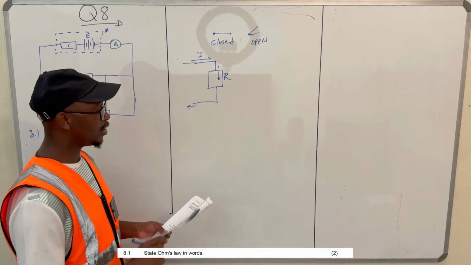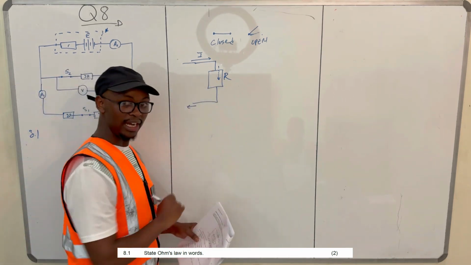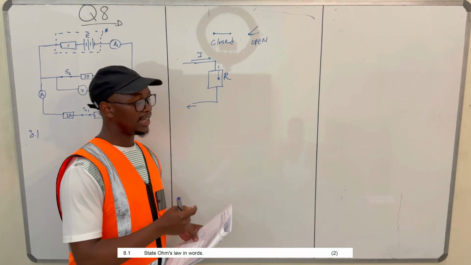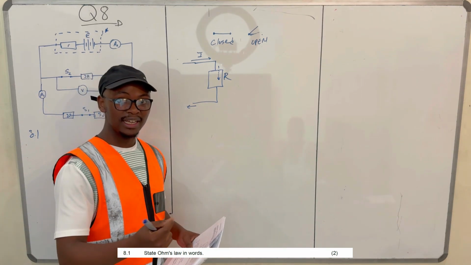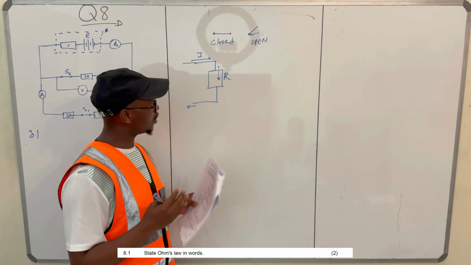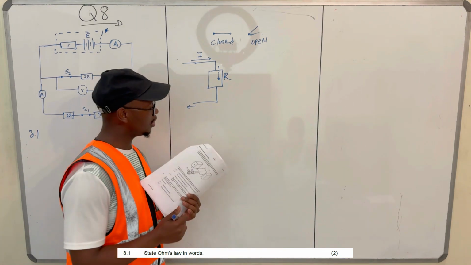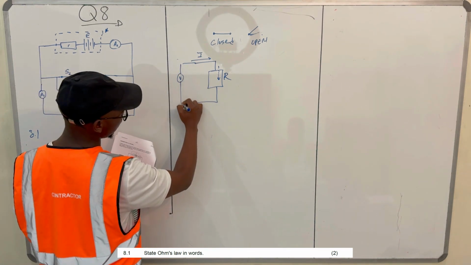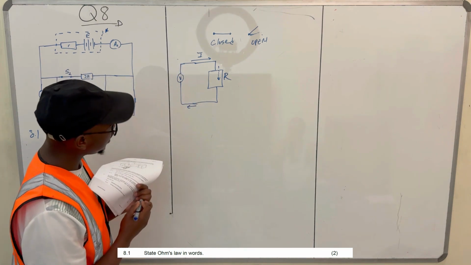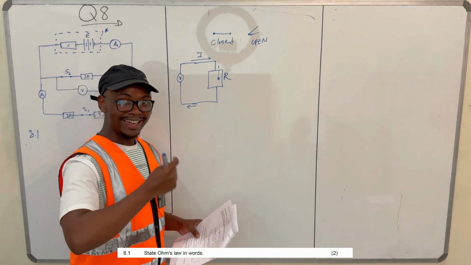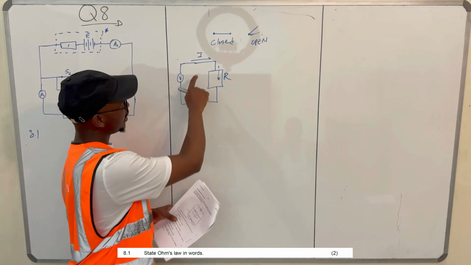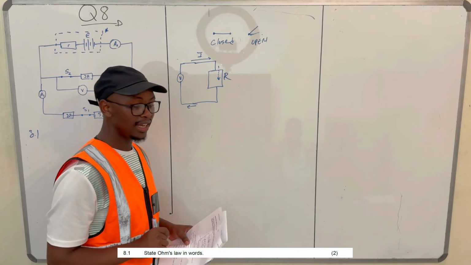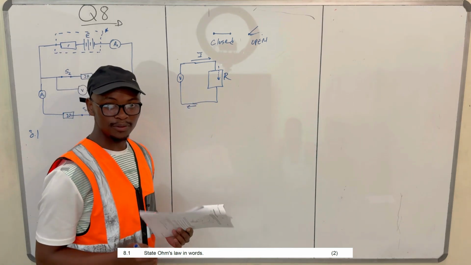Okay, so Ohm's law is saying that in a current carrying conductor, the current through that conductor is inversely proportional to the resistance and directly proportional to the amount of voltage that is being passed through that circuit. So if you look at where this current is coming from, if you connect a V there, we're now saying that in a current carrying conductor, the current is inversely proportional to the resistance and directly proportional to the voltage.